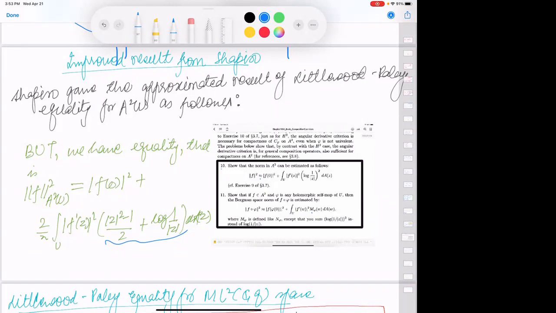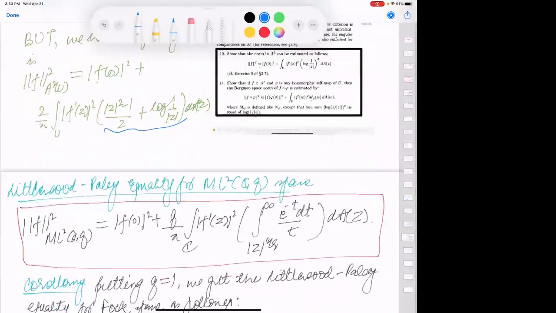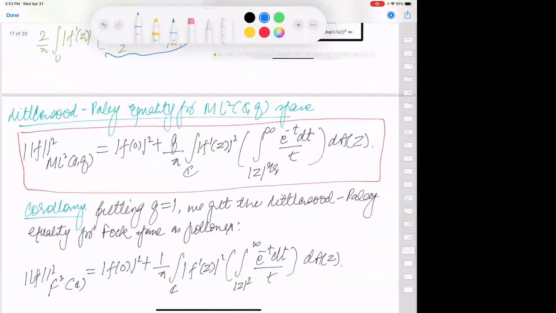But side by side, I was working on creating the Littlewood-Paley equality for the ML2 space, as I said earlier. So again, I got the Littlewood-Paley equality for the ML2 space, for the Dirichlet 2 space, and I'm going to read it over here.